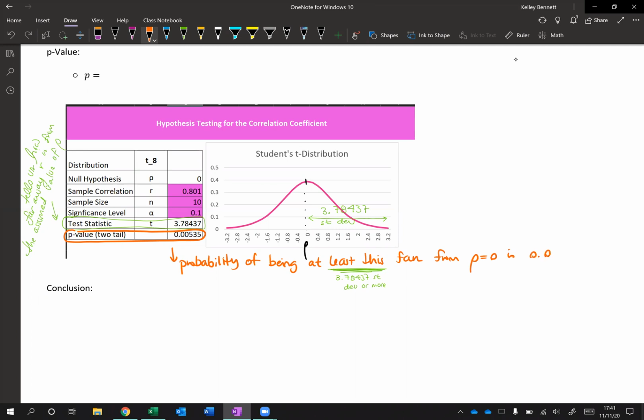It's 0.00535 or 0.535%. So that's quite small.